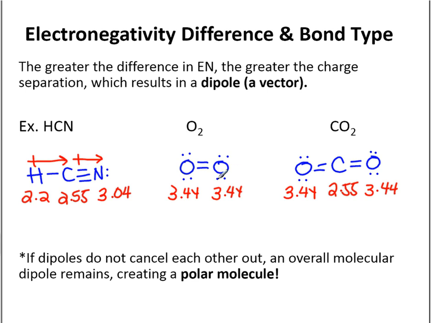Next, if we look at oxygen, because both atoms are exactly the same, there's no dipole here. The change in electronegativity is 0. This is a pure covalent bond. No dipoles here. Last, we've got carbon dioxide. Oxygen's more electronegative than carbon, so we're going to have two dipoles, one pointing towards each oxygen like that.